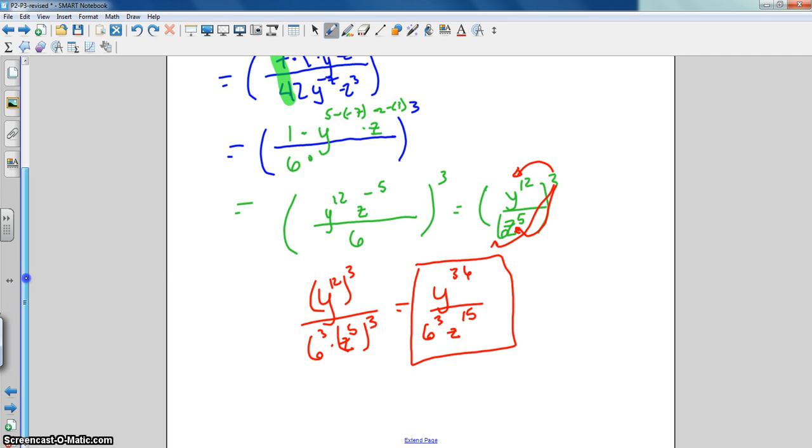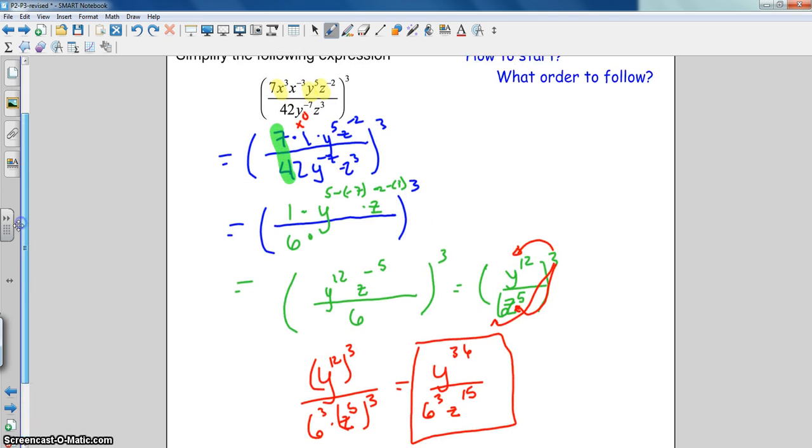Okay, so this problem, there were some more variables involved. Doesn't make it necessarily harder, just a little bit more to do. And so what we did is we simplified first in the numerator and in the denominator. We looked at those separately. Then what we did was we looked between the numerator and denominator and simplified that way. And that was this entire process.